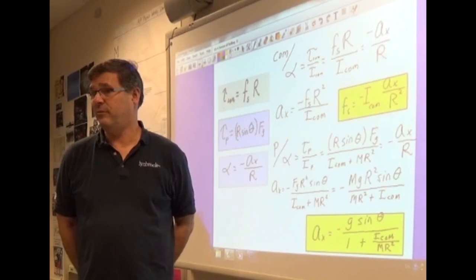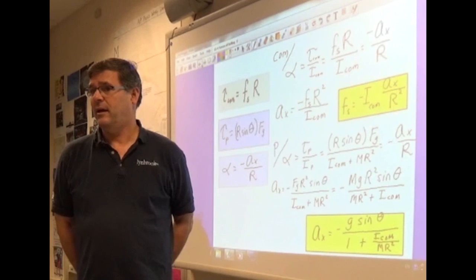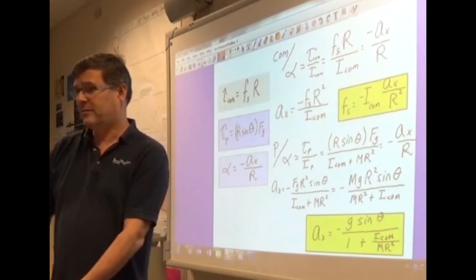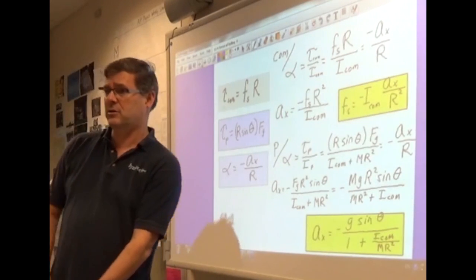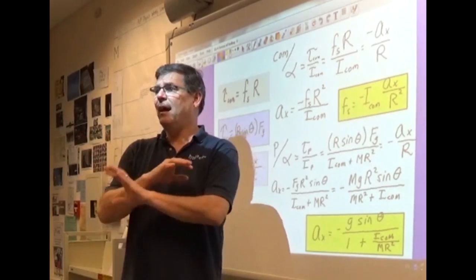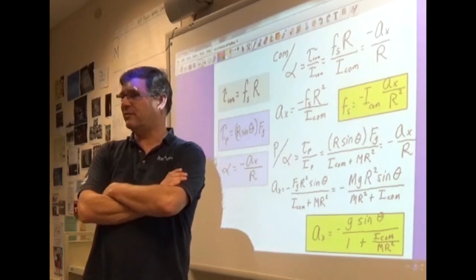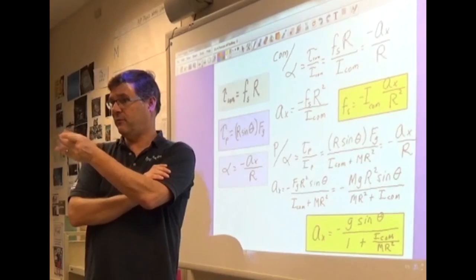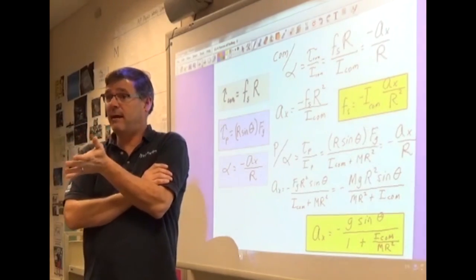What's the rule of thumb we've been talking about? If we change something about the mass, certainly the amount of mass, yes, but if we keep the same amount of mass in a given situation, can we change the moment of inertia with the same amount of mass? Yes. That's the key word I was looking for. The distribution of the mass.